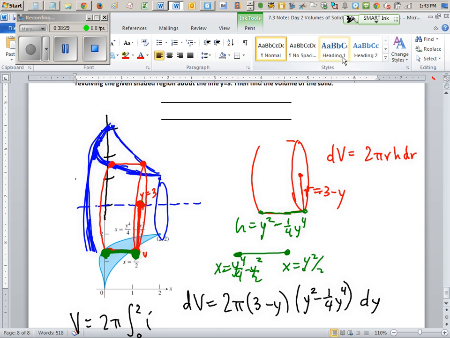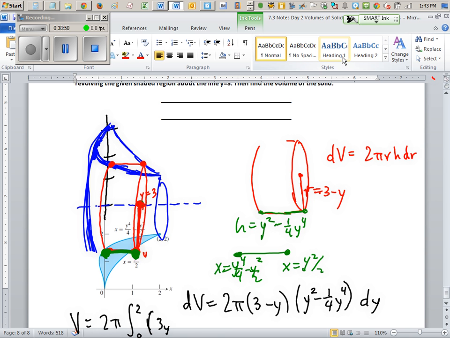And that's an ugly looking integrand, but it's just polynomial stuff. You can FOIL it if you want. It's just 3y squared minus 3/4 y to the 4th minus y cubed plus 1/4 y to the 5th. I'll try to write it all out for you.